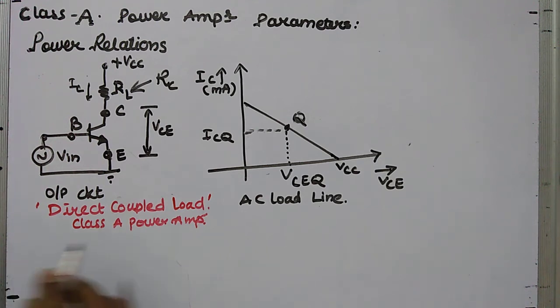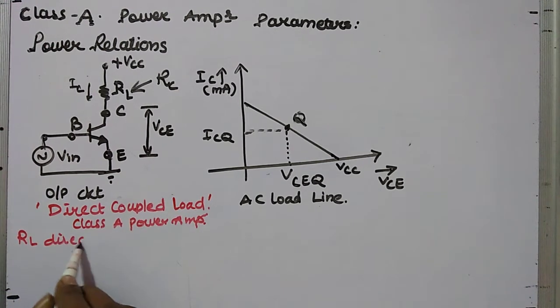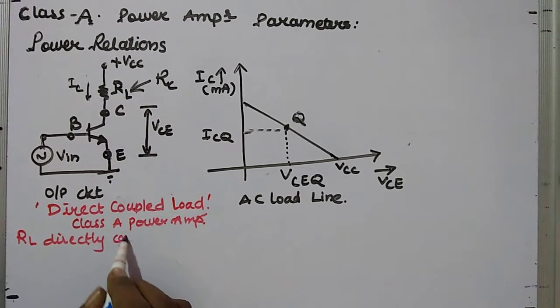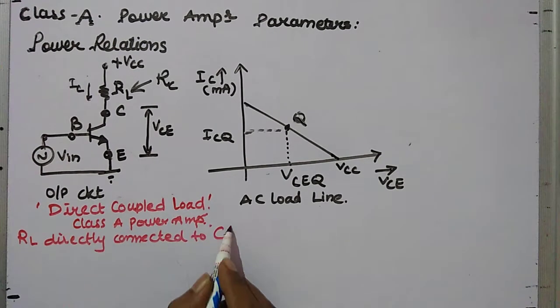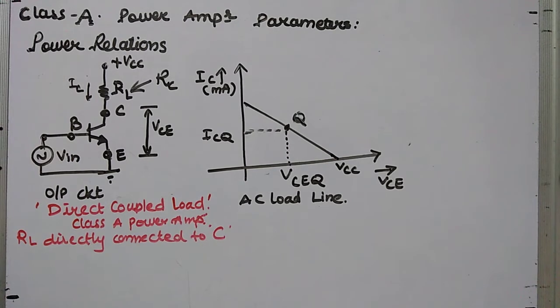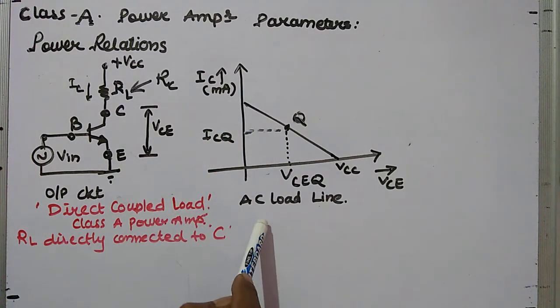So what is the meaning of direct coupled load for class A amplifier? RL is directly connected to the collector terminal of the transistor. Now this graph represents the AC load line.